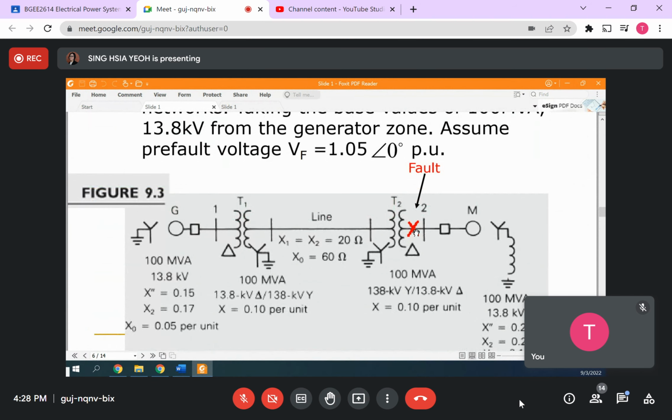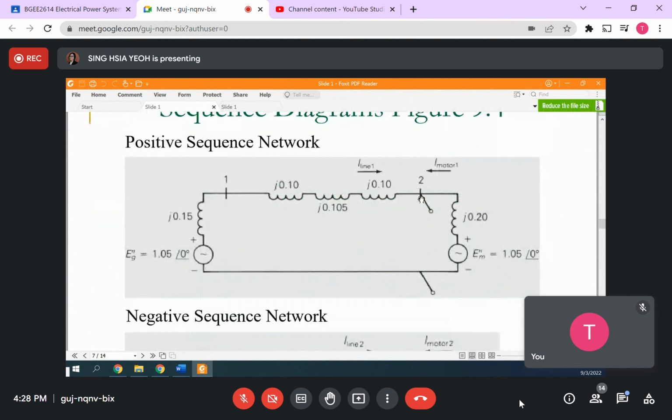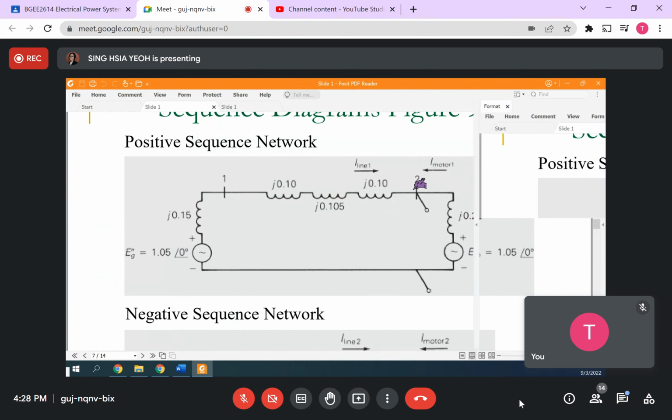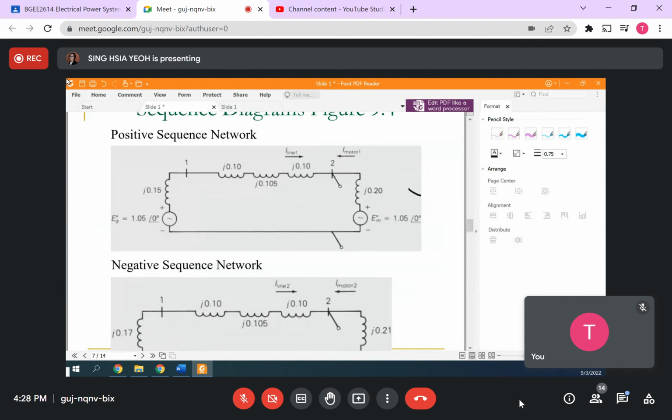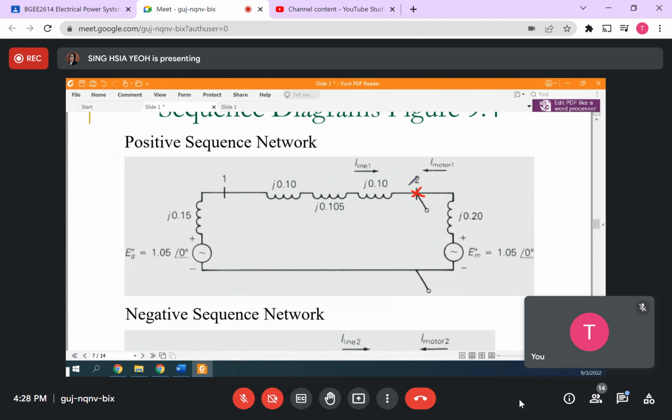After you have the positive, negative, and zero sequence, can you find the fault Thevenin impedance? If the fault happened here, that means you look inside from the fault. So how are you going to find the Thevenin impedance? You need to short here and short here, right? So all of these are in series, then in parallel with this one.